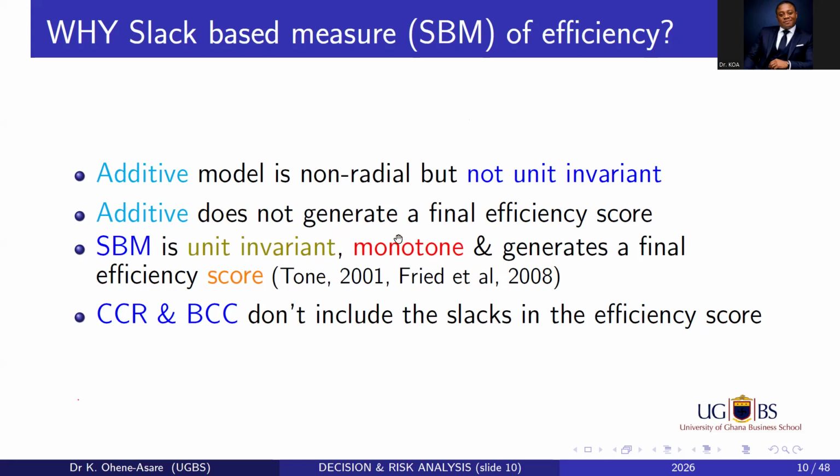The SBM is a champion in this case because it's unit invariant, it's monotone, it gives you a final efficiency score, and it incorporates slacks. Look at the advantages. When you are writing your paper, those are exactly the things you're going to say, mentioning these things for people, explaining it to them for them to understand.